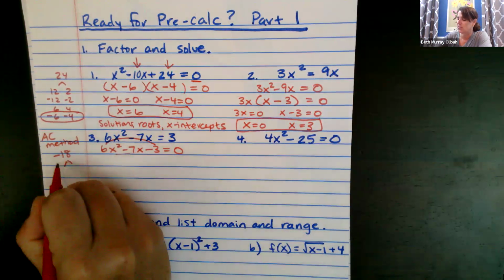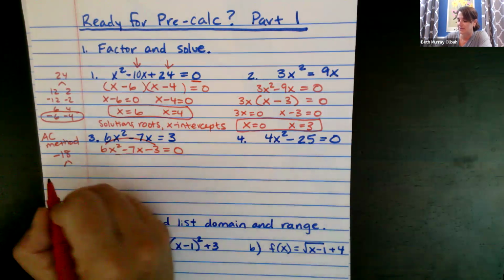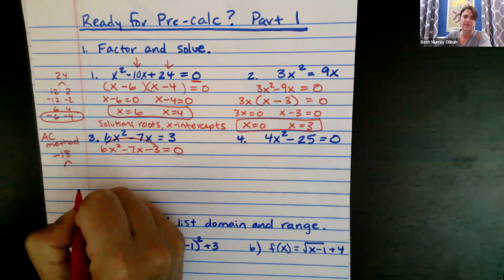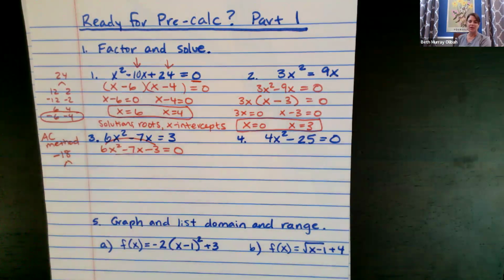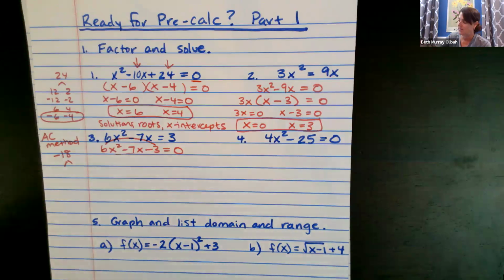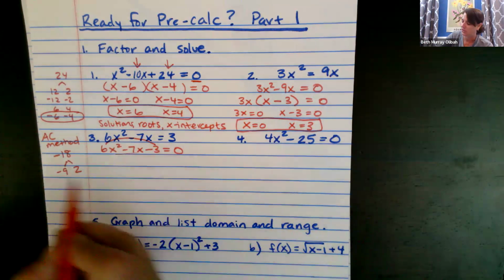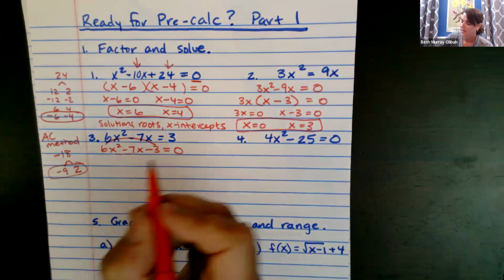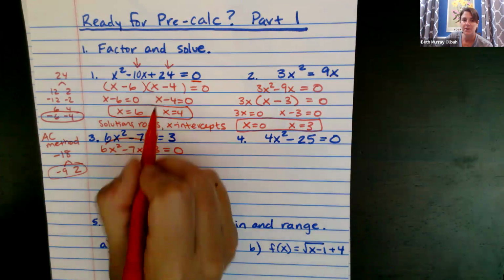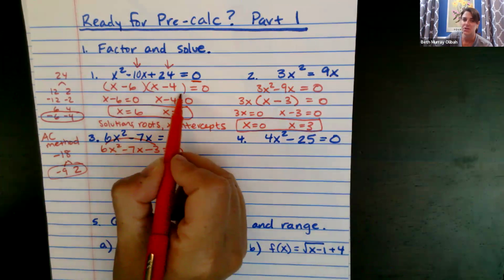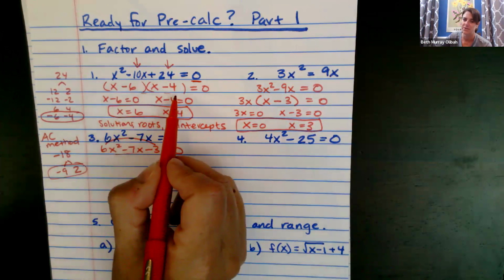So what two numbers multiply to negative 18 that add to negative 7? You can keep listing and listing and listing. One number will need to be positive and one needs to be negative this time. So I can already think the negative 9 and 2 would do it. So the difference between what we did up here and here is we are not ready to just go to these two parentheses and be done factoring.